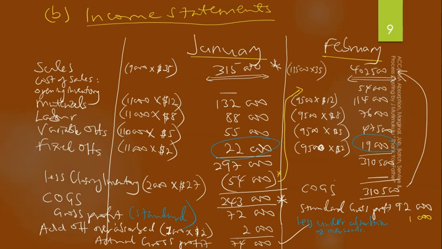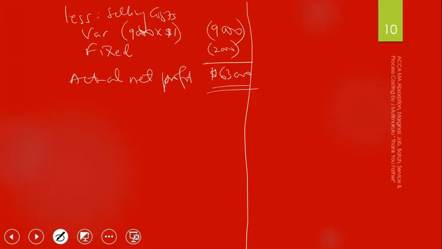So this means our standard gross profit is going to be reduced to become 91,000, which is the actual gross profit, the actual GP. Then we have to factor in those expenses as we did before.